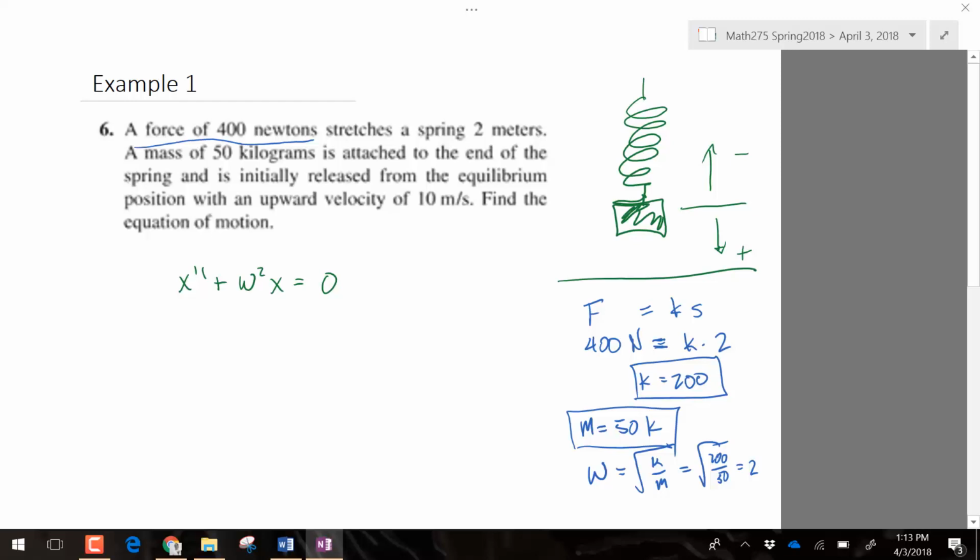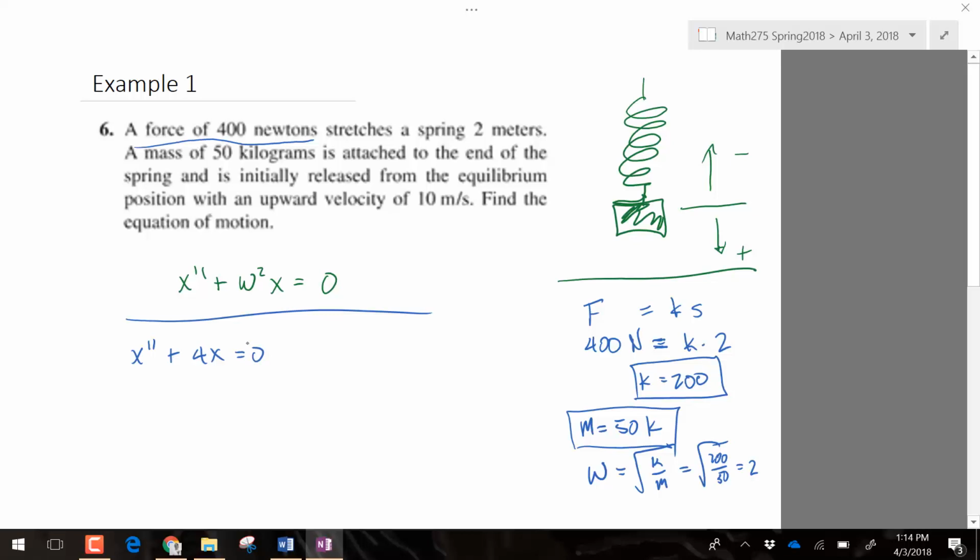So that's going to be 4. We put it in here. So our differential equation is going to be x double prime plus 4x is equal to 0, which we've solved before.